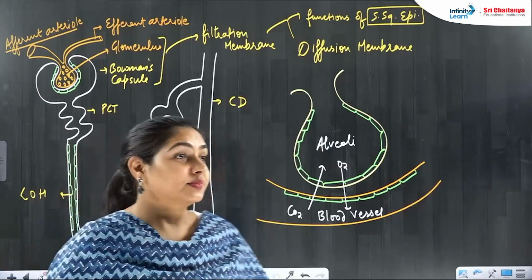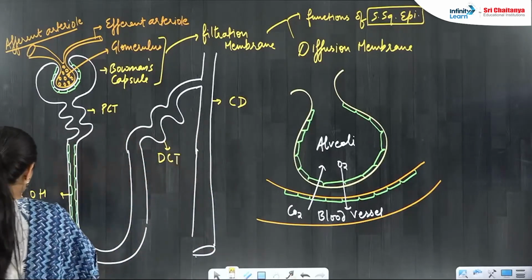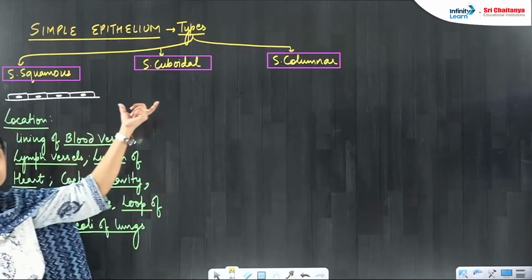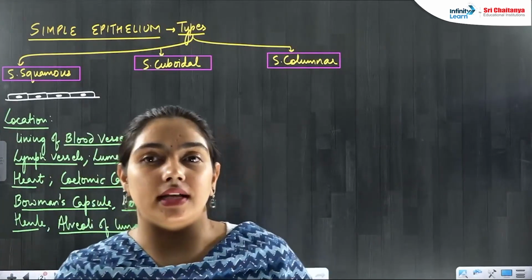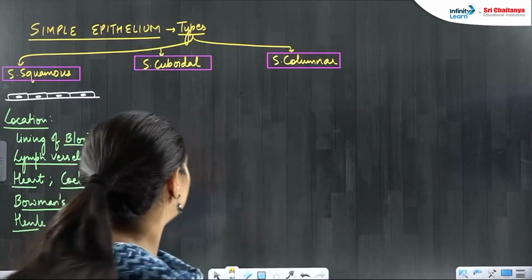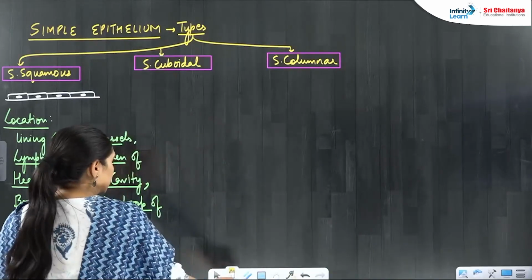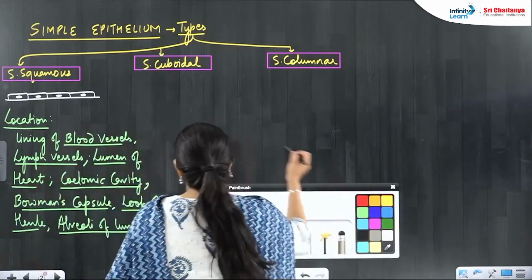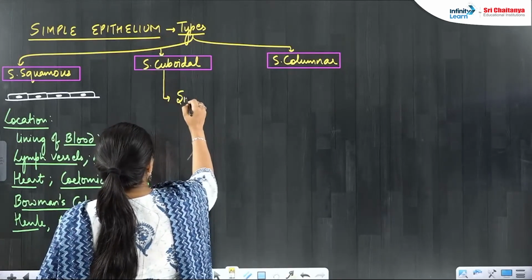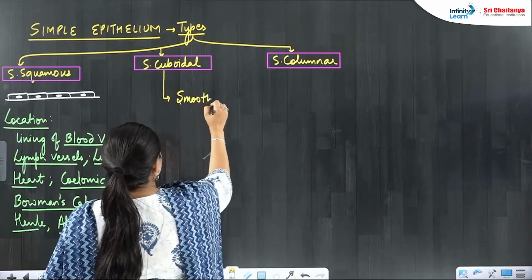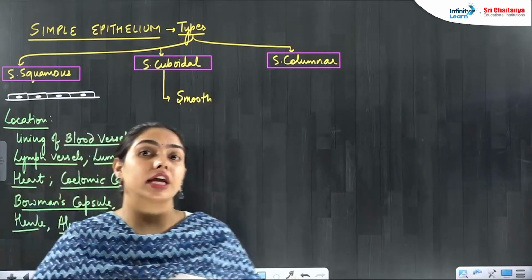All right. Now I will tell you the next epithelium, and that is the cuboidal. Simple cuboidal epithelium, beta. If you see simple cuboidal epithelium, you are going to see smooth. Smooth means without any modification.